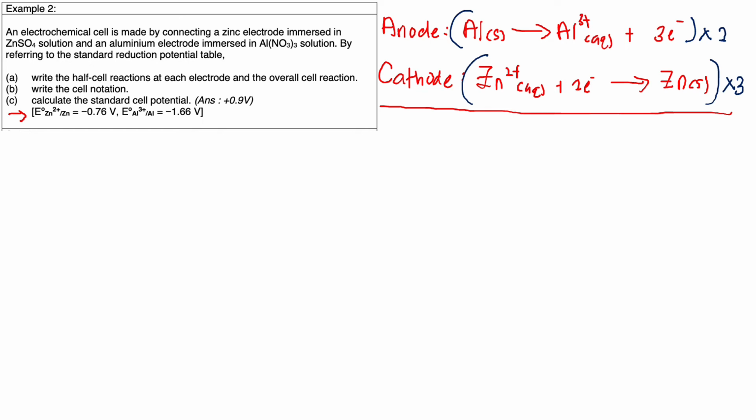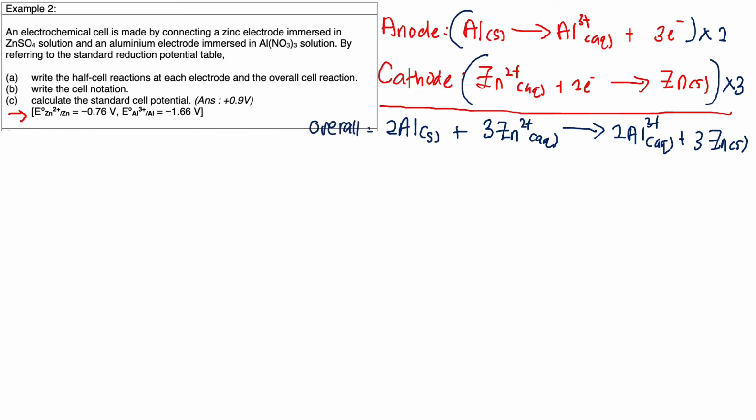So we are going to get 2Al solid plus 3 zinc 2 plus aqueous producing 2 aluminium 3 plus ion plus 3 zinc solid. So this is our overall. We need to write the overall like that. So we are done with A.